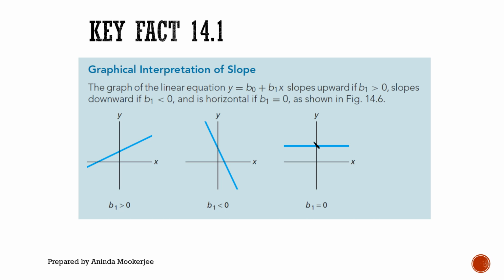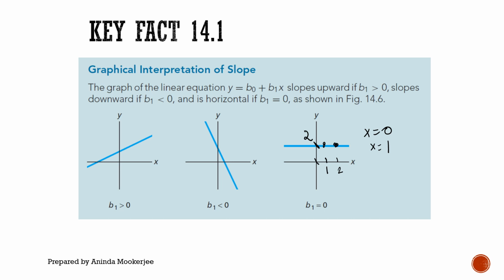For example, let's say this y-intercept is, I don't know, 2. All right, if it is 2, then at x equal to 0, it's going to be 2. If you look at x equals 1, it's also going to be 2. At x equals 2, it's also going to be 2.